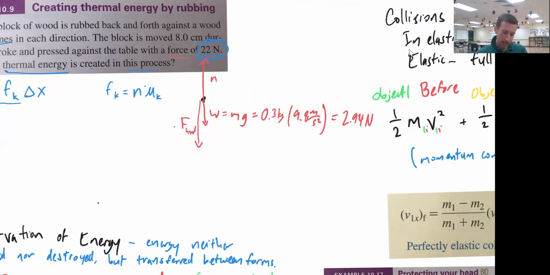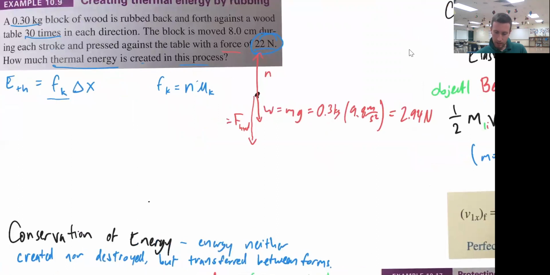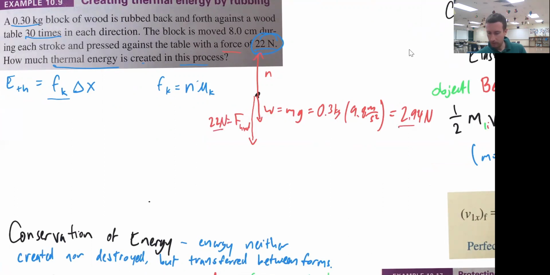The force of the hand is 22 newtons. So if I add those together, 22 plus 2.94, that gives me the normal force has to be equal to 24.94 newtons, or pretty much 25 newtons. I'm going to effectively round that to 25, but we'll keep it there for now.